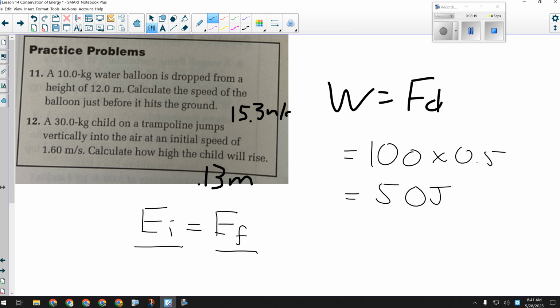The initial mechanical energy of the bow arrow system was 50 joules, all in the form of elastic potential energy. When I released the bow, it did work and transferred all of its mechanical energy to the arrow. And at the end, the arrow still had 50 joules of kinetic energy. Everybody okay with that idea?